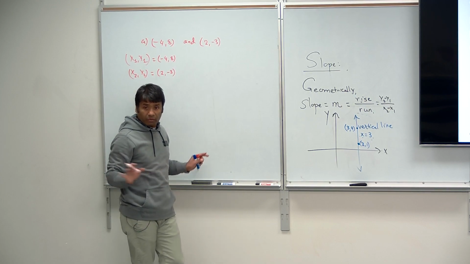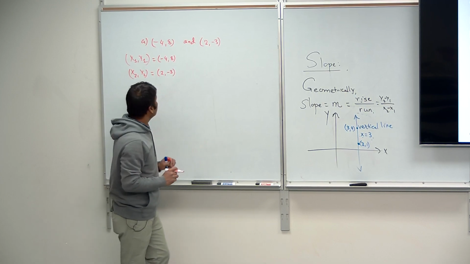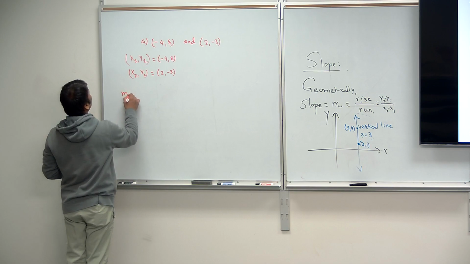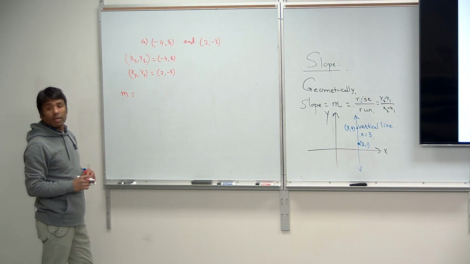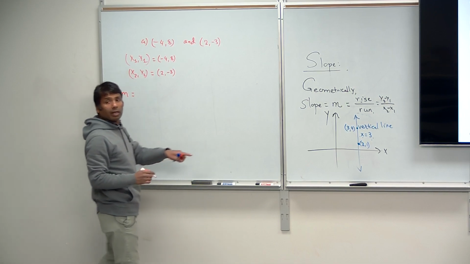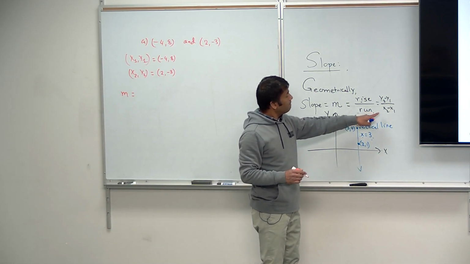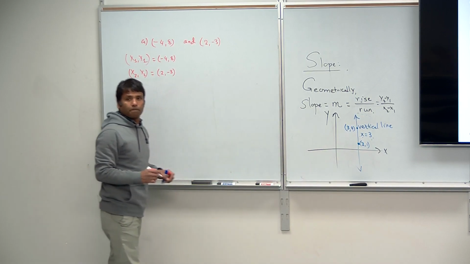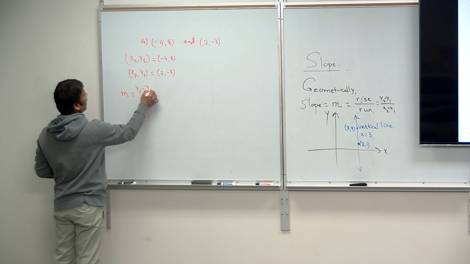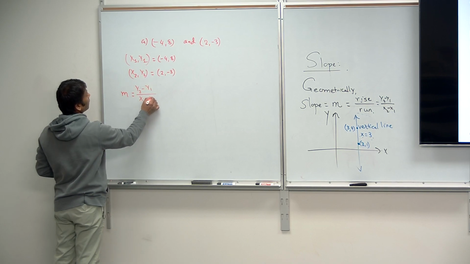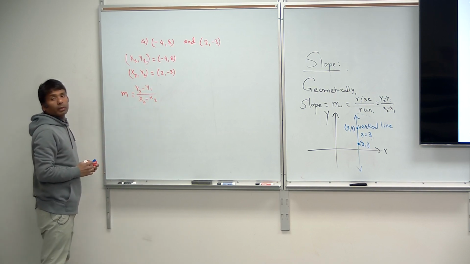It makes no difference. Now you remember the formula. What is the formula for slope? Slope equal to y2 minus y1 over x2 minus x1.